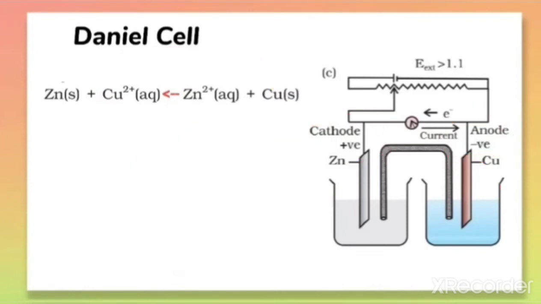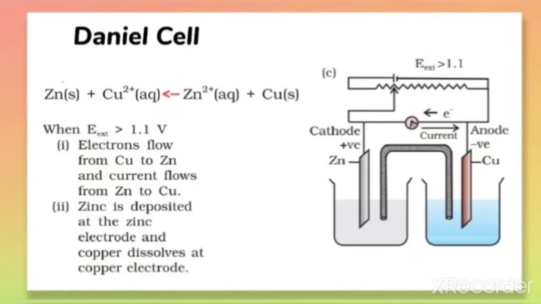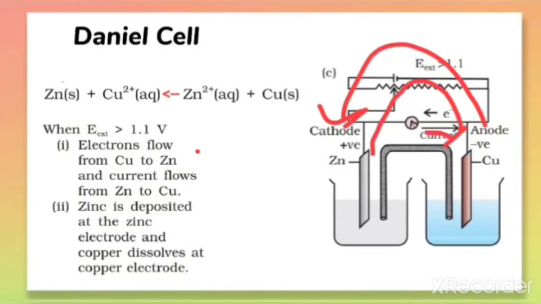When E external is greater than 1.1 volt, the electron flow, which was in one direction in the previous cases, is now in the opposite direction. The electron flow is from the copper to the zinc. So definitely the flow of current will be in the opposite direction, that is from zinc to copper.